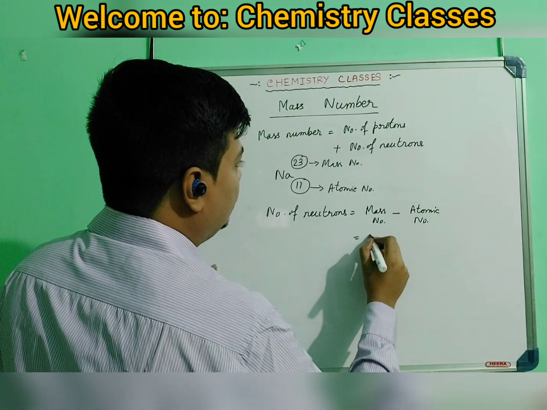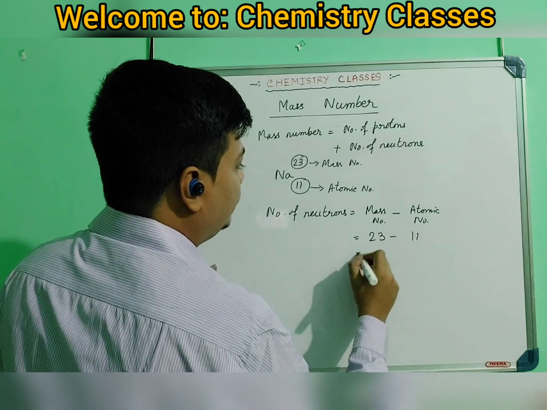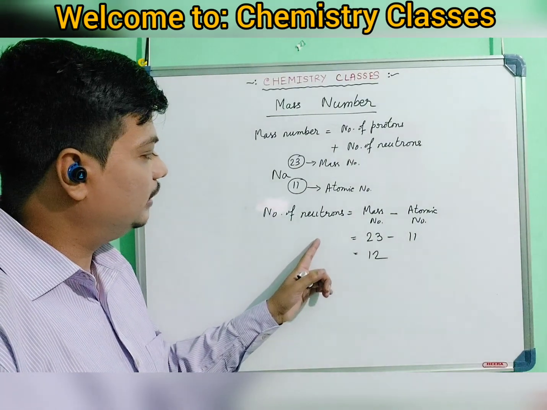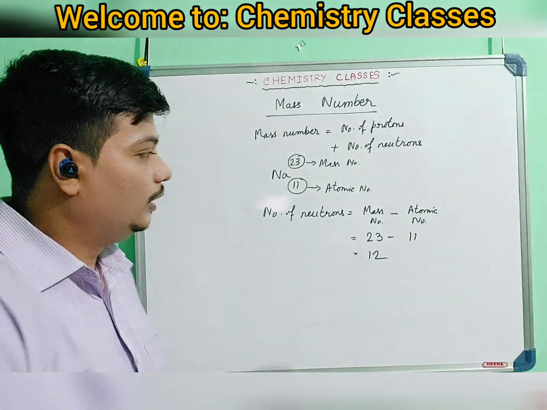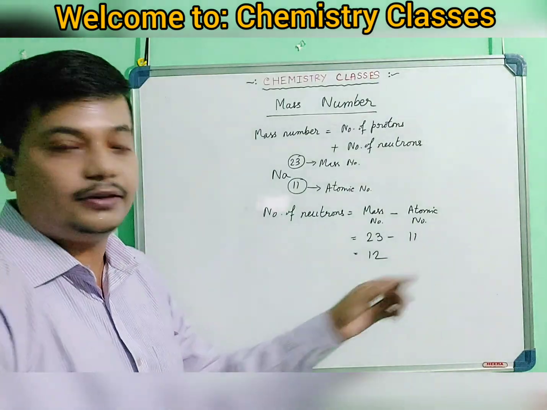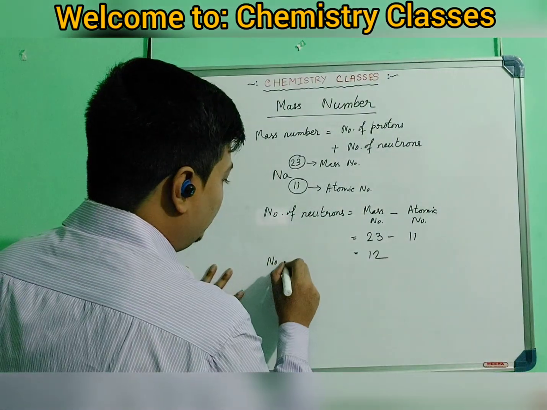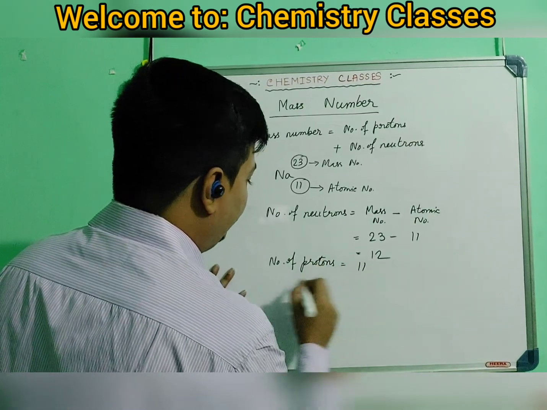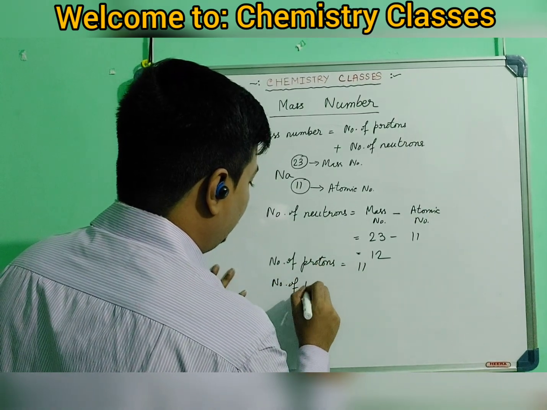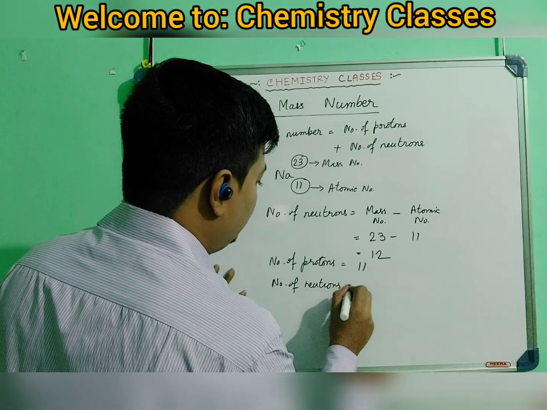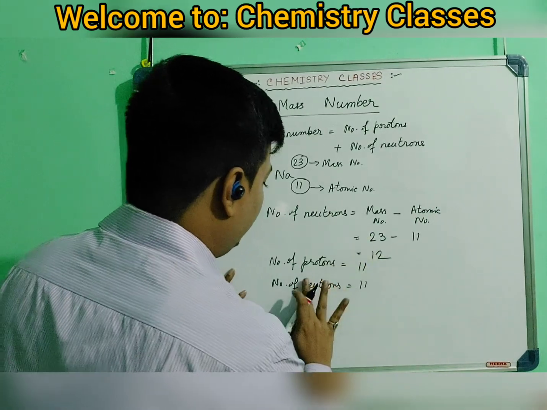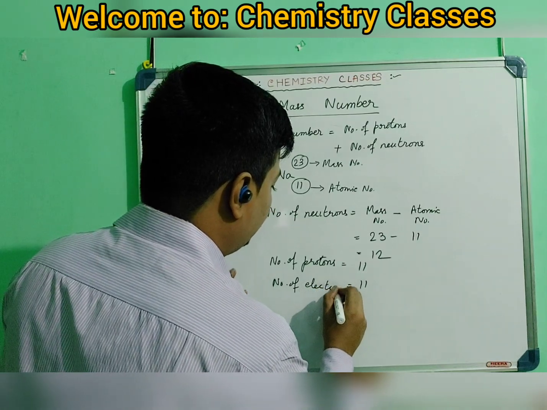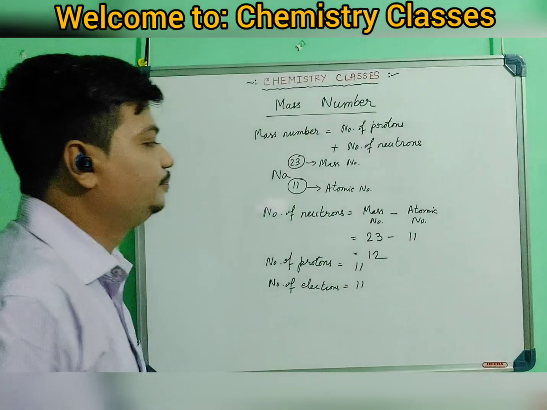That is 23 minus 11, which comes to 12. Since the atomic number is 11, my number of protons is 11, my number of neutrons is 12, and my number of electrons will be 11.